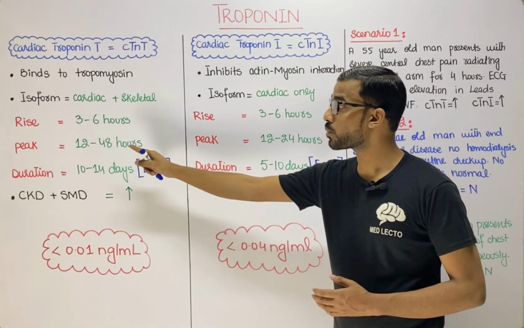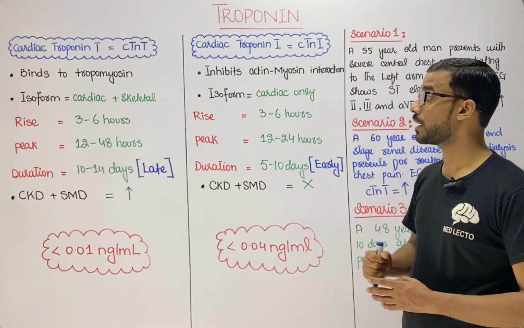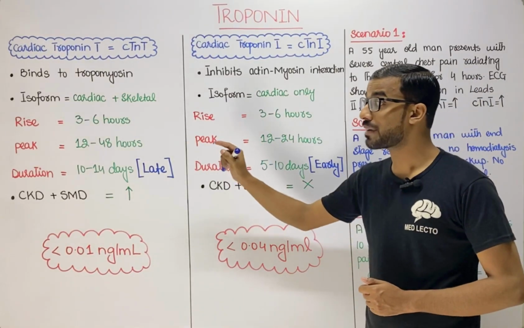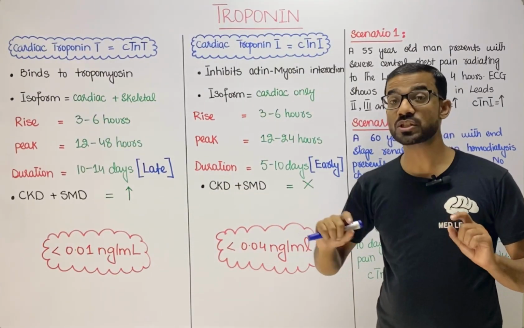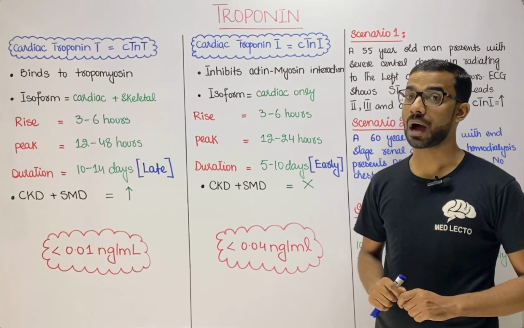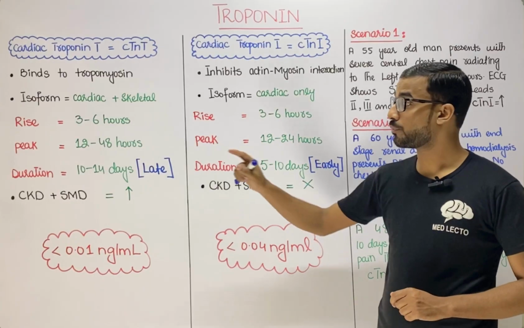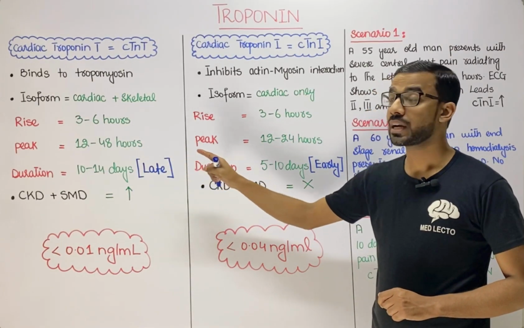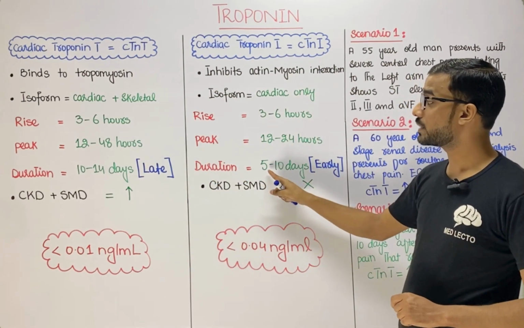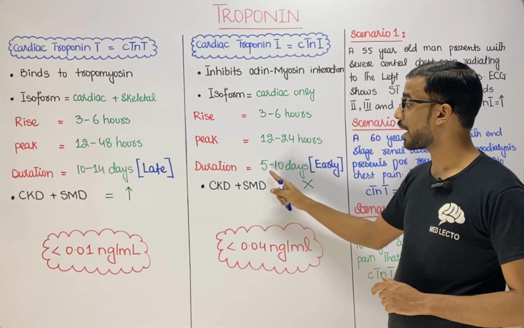Peak value will be at 12 to 48 hours for troponin T, and 12 to 24 hours for troponin I. It means that the duration of the peak value will be longer in troponin T as compared to troponin I, and it will remain raised for 10 to 40 days in case of troponin T. But in case of troponin I, the duration will be 5 to 10 days.